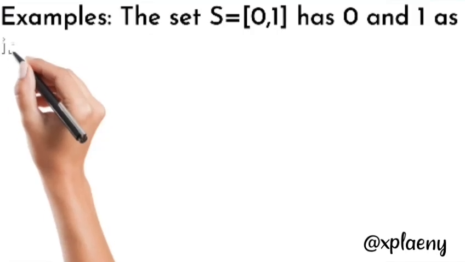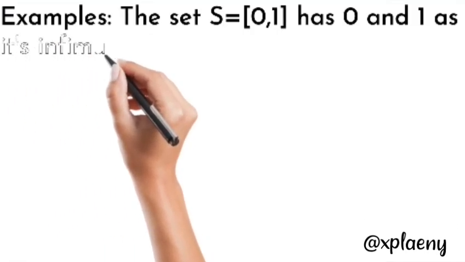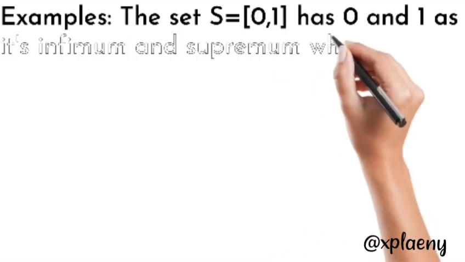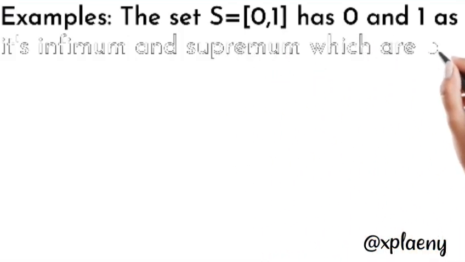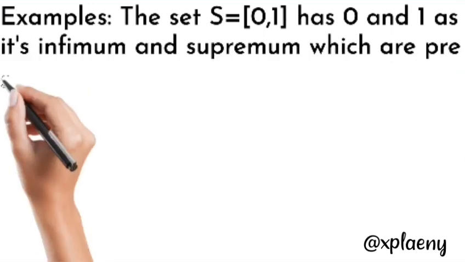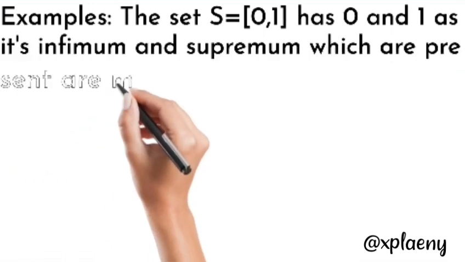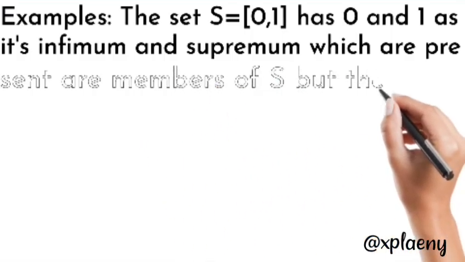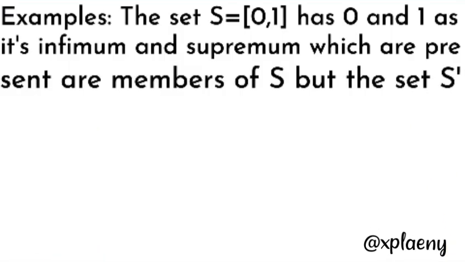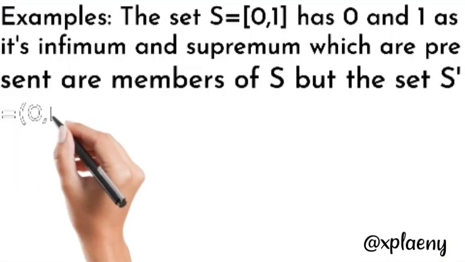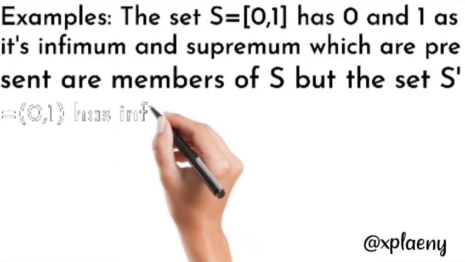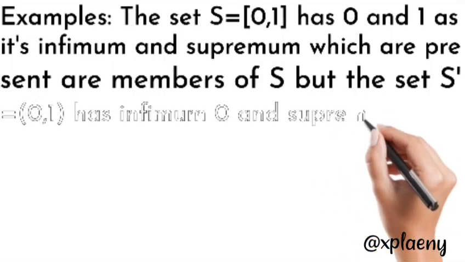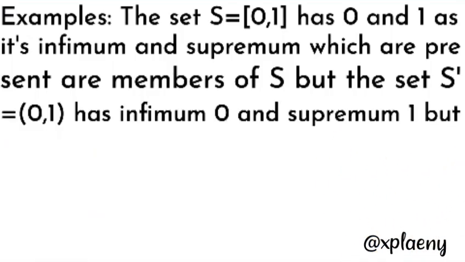Since it's a closed interval, 0 and 1 are our infimum and supremum, and both 0 and 1 are also present in the set S. So this is a situation where the element is equal to our infimum A, and equal to our supremum C. So A and C are present in our set.